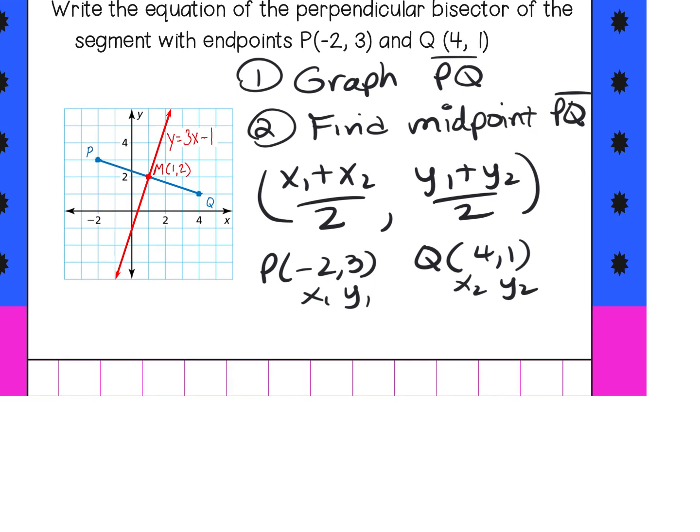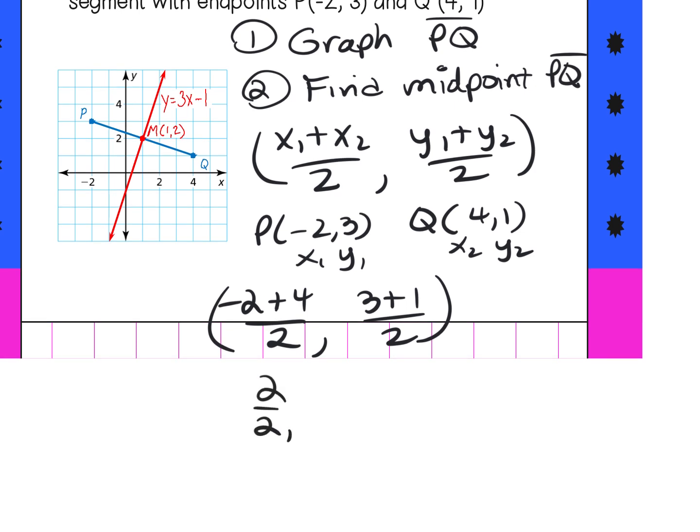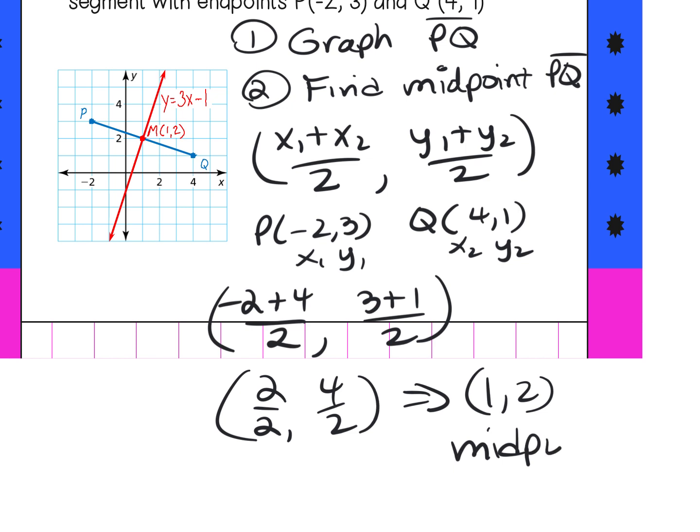So I'm going to plug them in, and I get negative 2 plus 4 divided by 2, 3 plus 1 divided by 2. This gives me 2 over 2, 4 over 2, and then this gives me 1 comma 2. This is the midpoint of PQ. Because remember, the perpendicular bisector is going through the midpoint of the segment that it's bisecting.